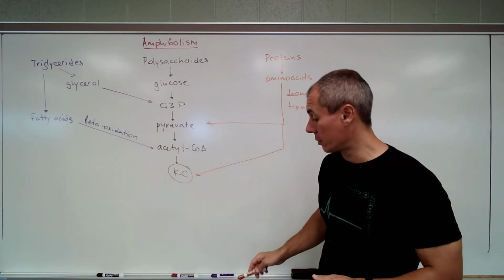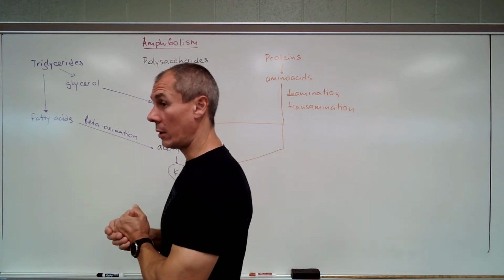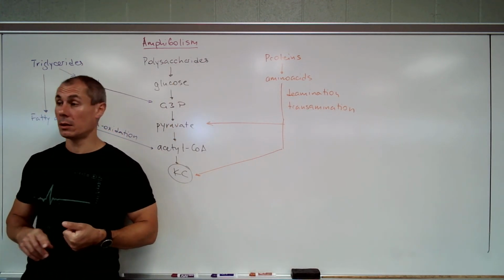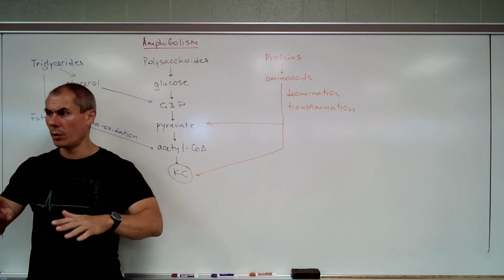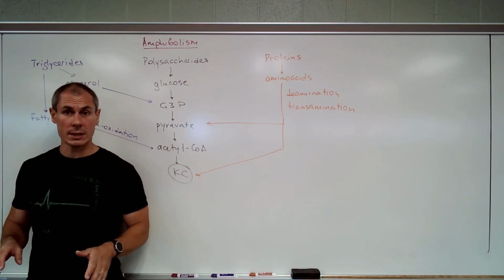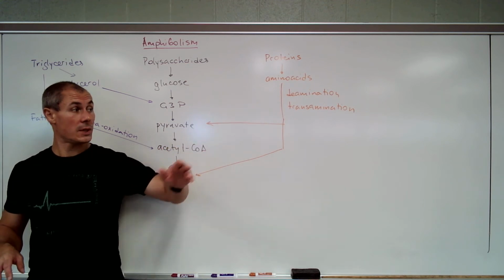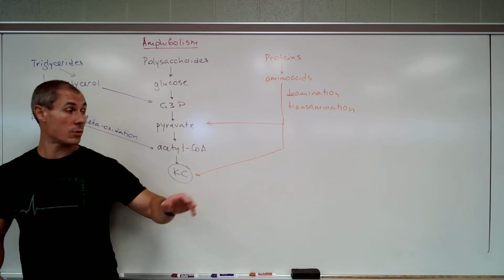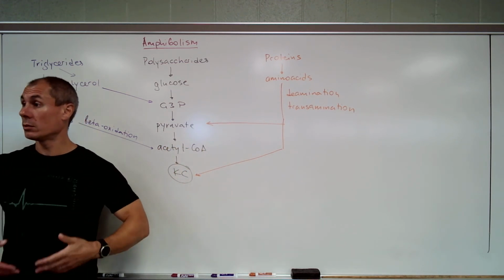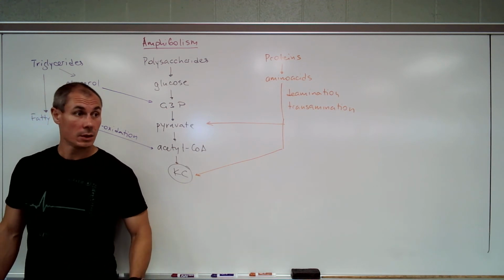So if you remember two names, oxaloacetate and alpha-ketoglutarate, you don't need to know those details, but oxaloacetate and alpha-ketoglutarate can be the products of deamination and transamination, thus entering the Krebs cycle, continuing the metabolic process.